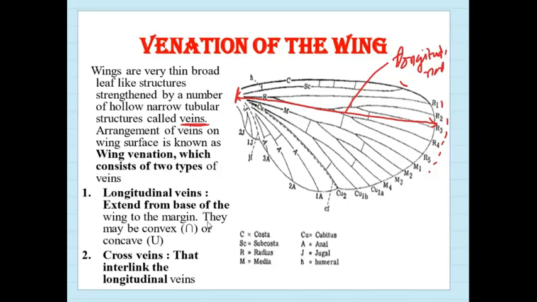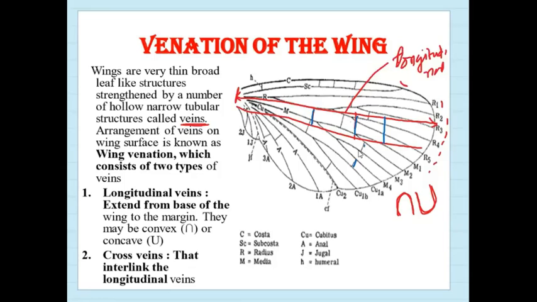They may be convex or concave. The shape may be like this or may be like that. Second are cross veins that interlink the longitudinal veins. Two longitudinal veins are interlinked by cross veins.